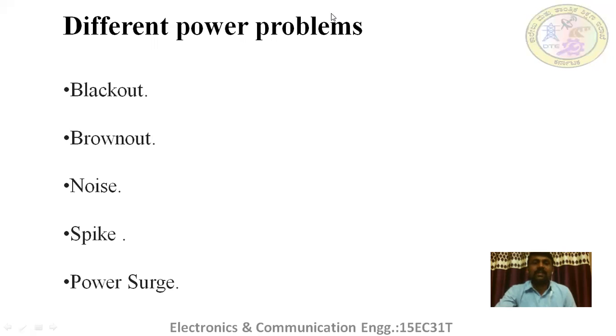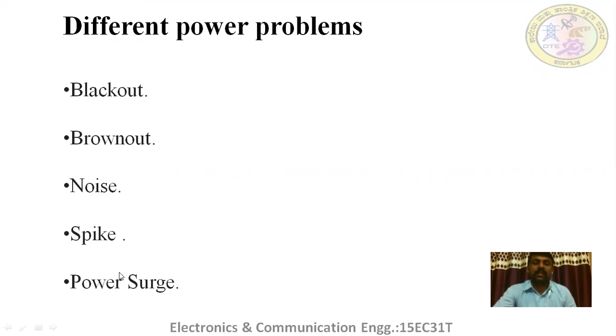The next is noise. It is the interference caused by lightnings, generators. Because of this noise results in unclean power, that is, there is a fluctuation, flickering in power. The last one is power surge. It is a dramatic increase in voltage.